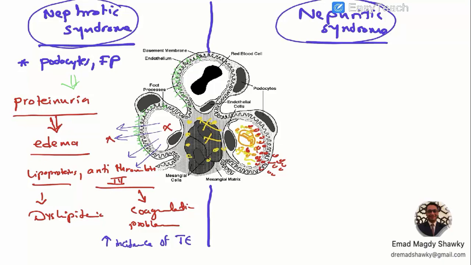All of these will lead to recruitment of white blood cells, activation of complement, and destruction of this endothelial fenestra, and this will lead to the following: escape of proteins and RBCs to the urinary space.